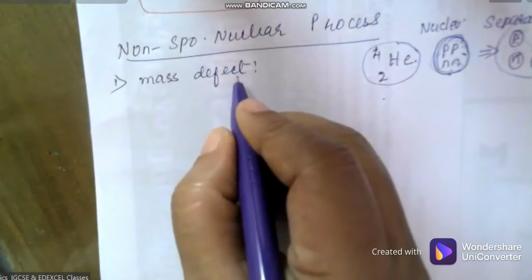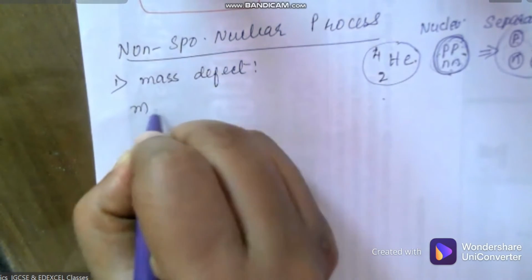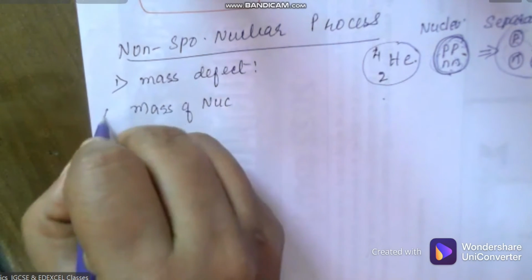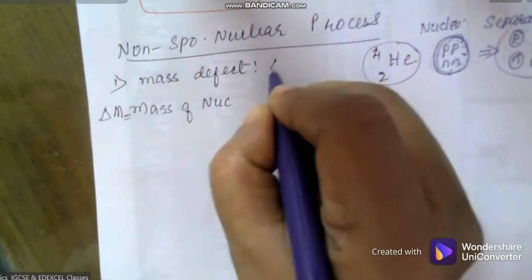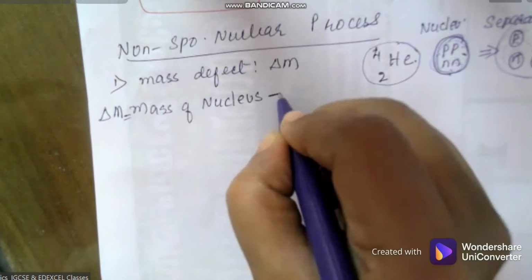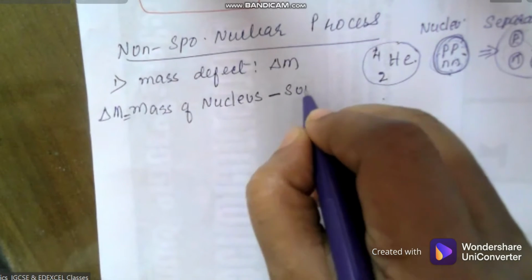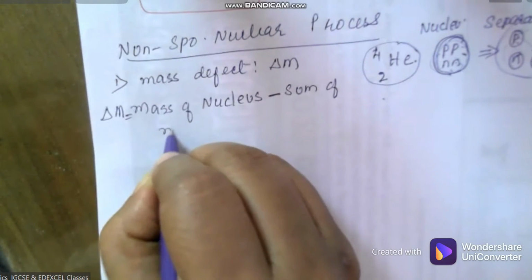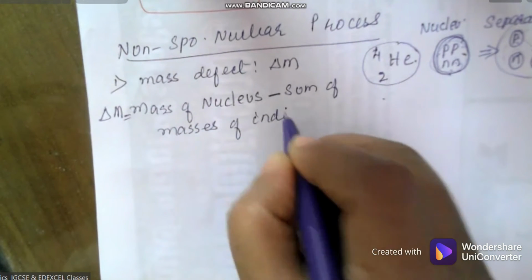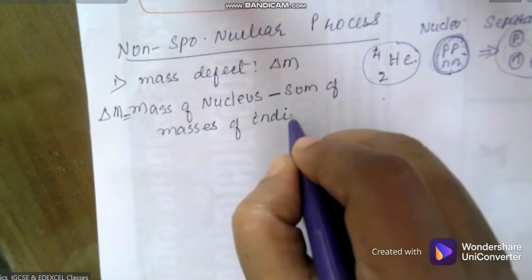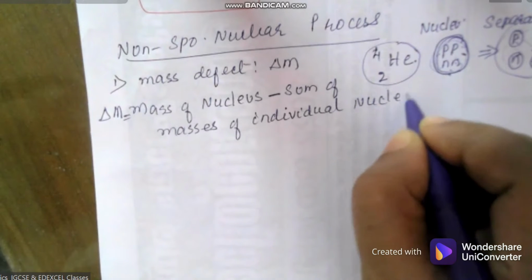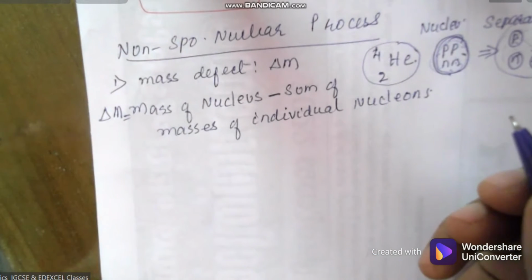Mass defect, let that be delta M, is equal to the actual mass of the nucleus minus the sum of masses of individual or isolated or separated nucleons. What are nucleons?